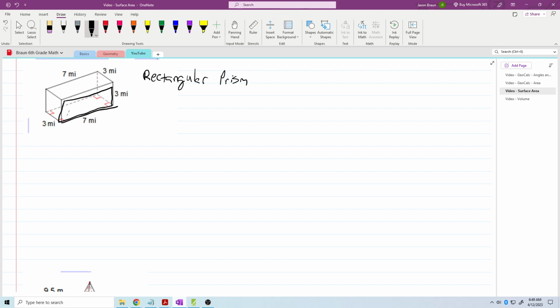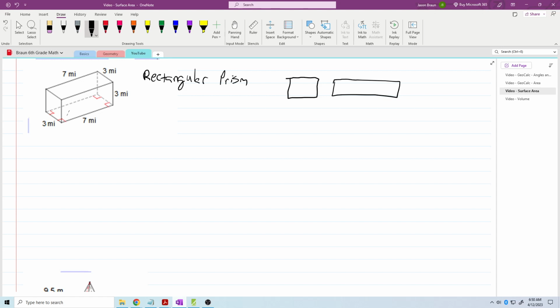That is a rectangle. But we know it's a prism because, how do I describe this? Basically, all the sides form some sort of box-like manner. Could be squares, could be longer rectangles, whatever the case. That's the clue that you're working with a prism.